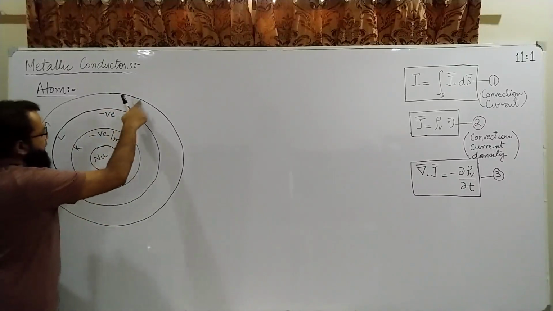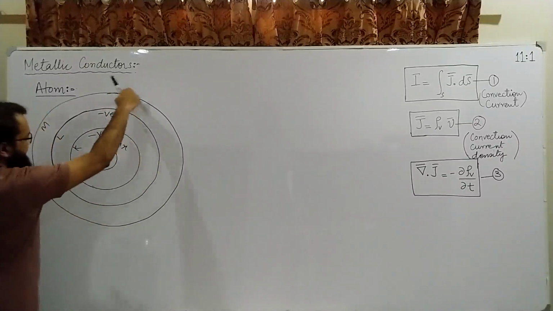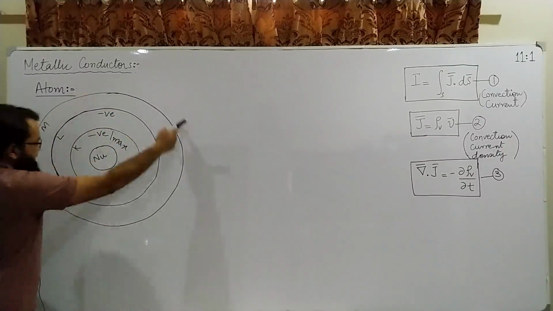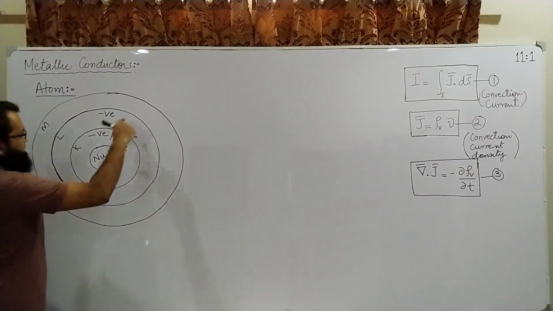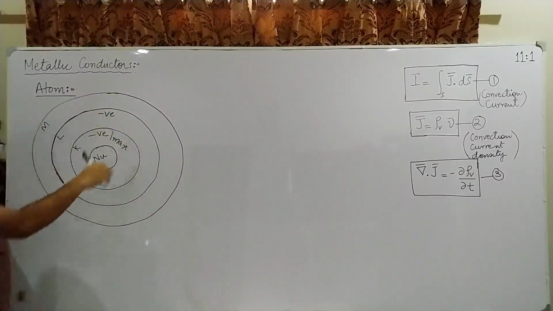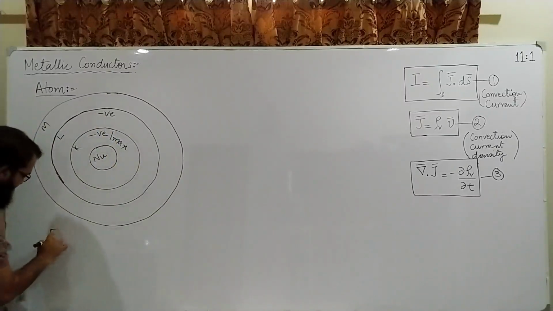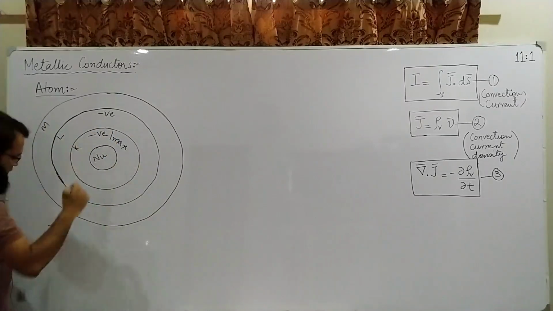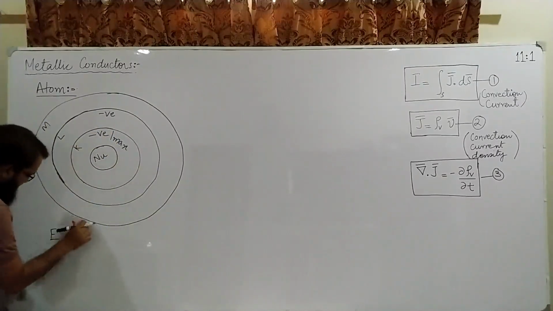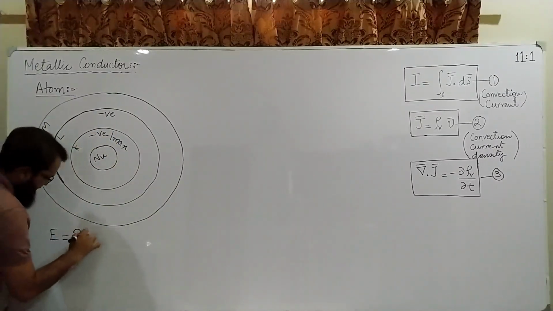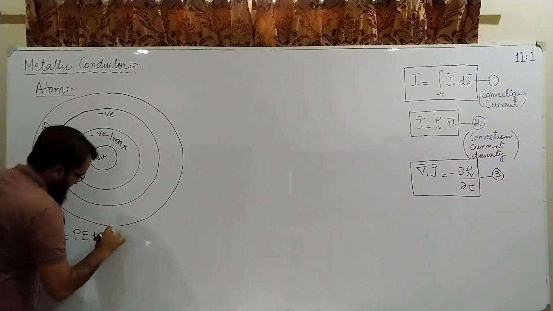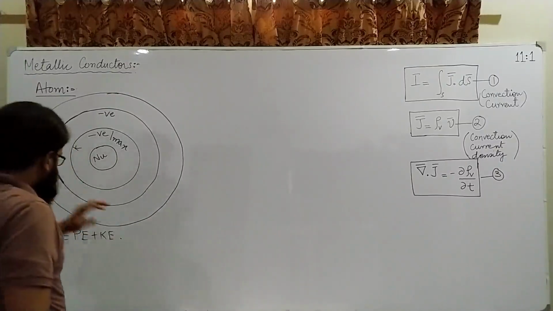If you go to the next level, the energy associated with electrons in this orbit will be smaller than this one, but it will be negative. So the energy associated with an electron in any orbit is the combination of potential energy and kinetic energy. We should remember this.